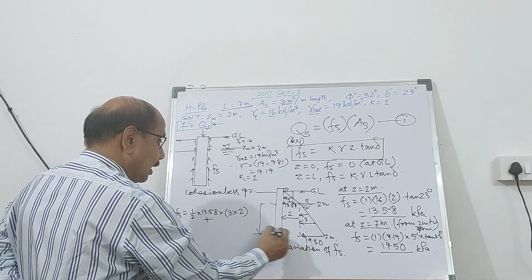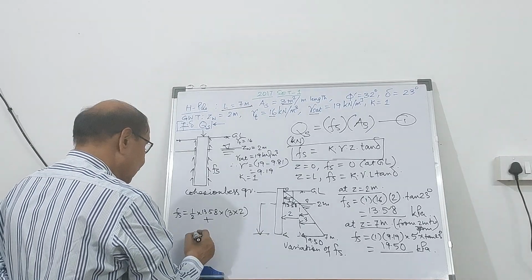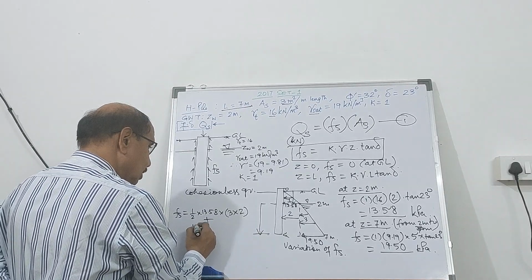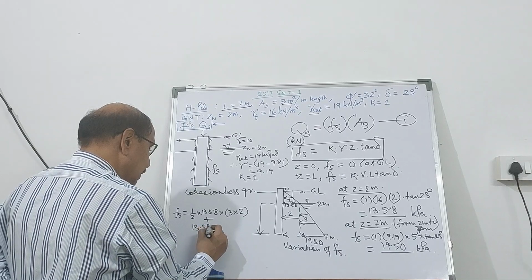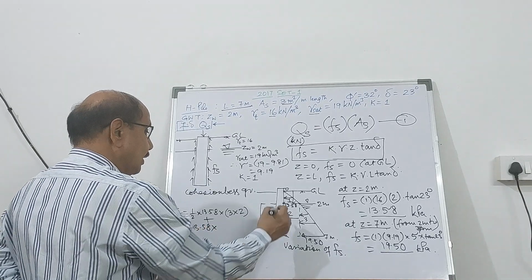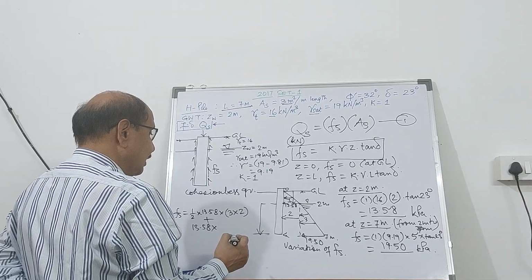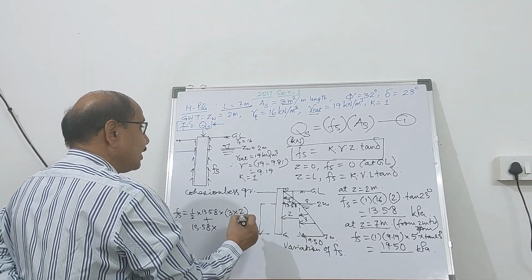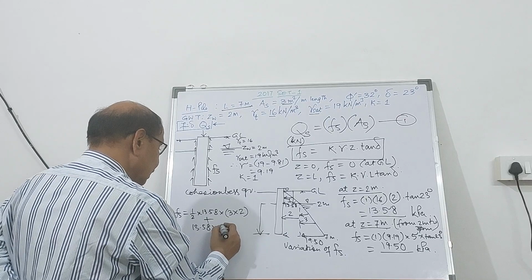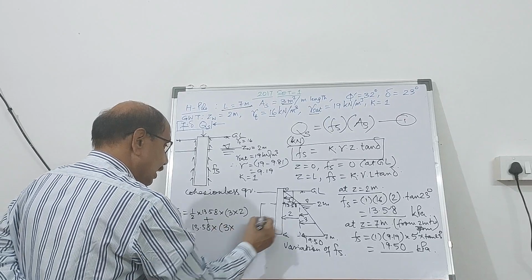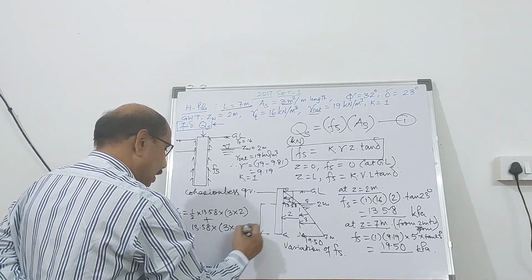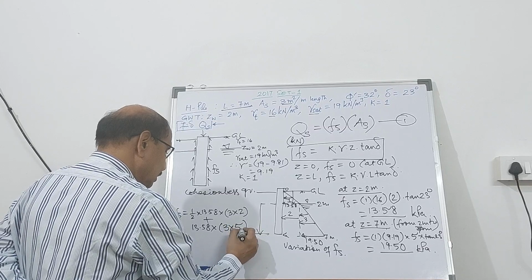Go to the second part. The second part is going to be 13.58 multiplied by the shaft area. The shaft area is going to be 3 square meter, and this is operating over a part of 5 meter.